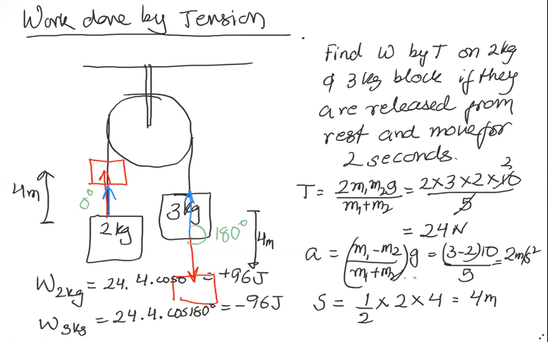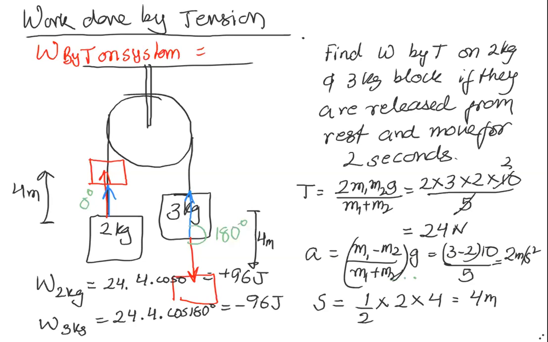Therefore, work done by tension on the system, right? Whenever I say system, in this case I'm choosing more than one object as a system. Total work done by the tension on a system is how much?